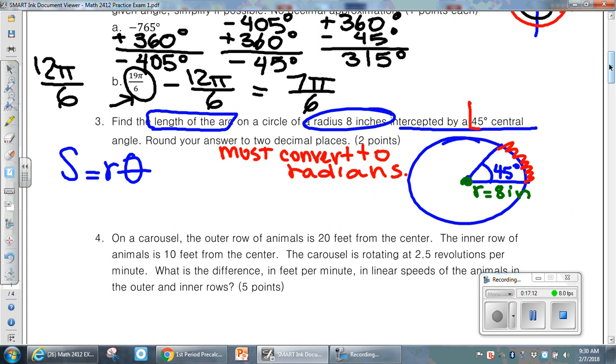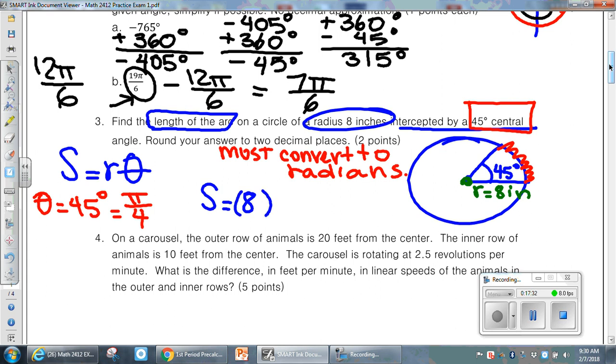So we have the center angle at 45, so theta is 45 degrees, and what is that in radians? Very good, pi over 4. And so then you can apply the formula. The arc length will be the radius, which is 8, times pi over 4. And so that will be 8 pi over 4, which is equivalent to 2 pi.